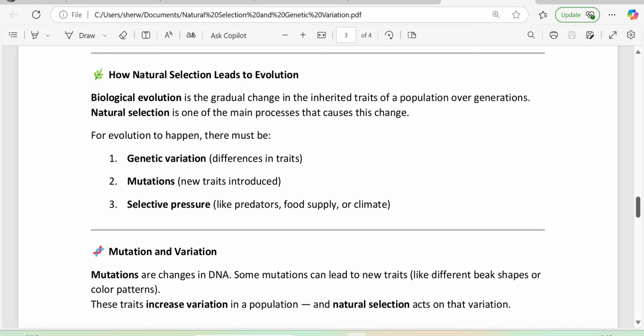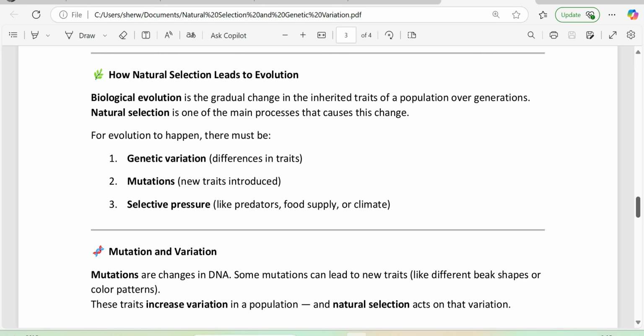Natural selection is one of the main processes that causes this change. For evolution to happen, there must be: 1. Genetic variation, differences in traits. 2. Mutations, new traits introduced. 3. Selective pressure, like predators, food supply, or climate.